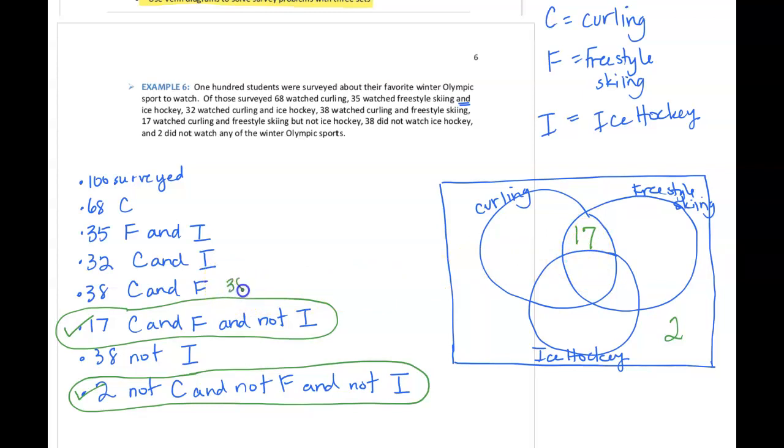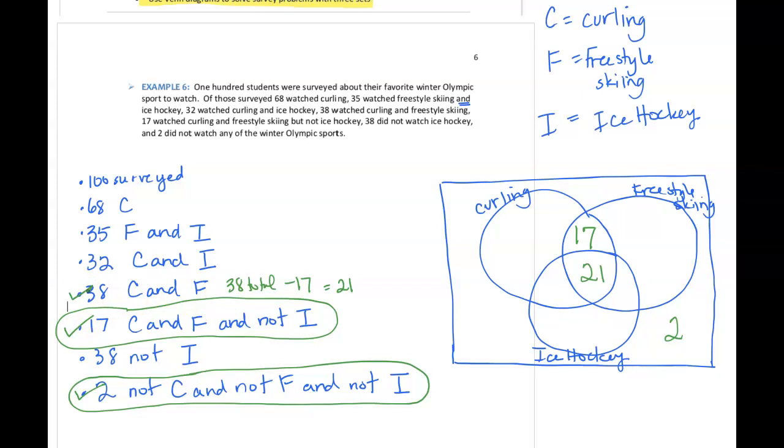We're going to take 38 total and subtract the 17, and we get 21 to fill in that center. So together we end up with 38 where curling and freestyle skiing overlap, and we can check off that statement.